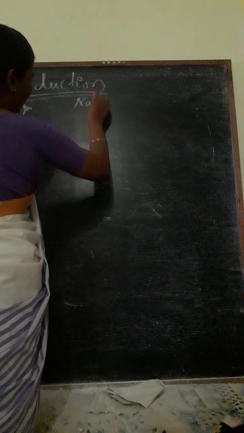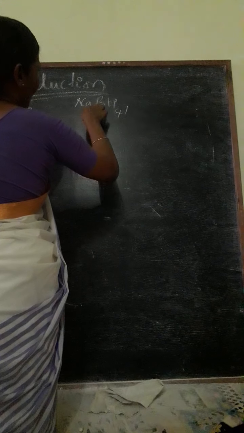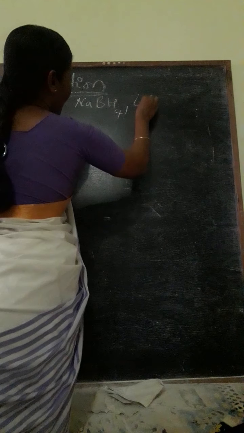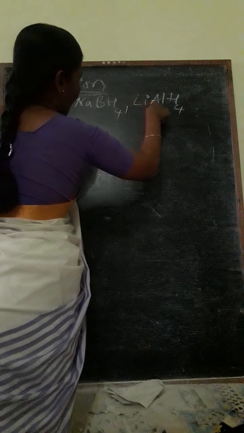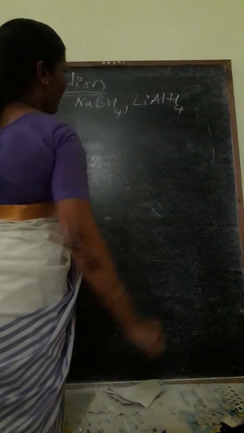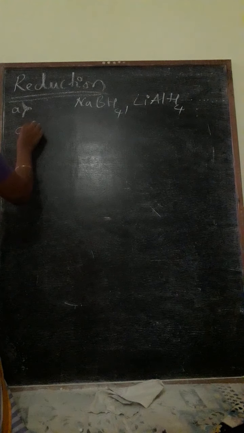Those reducing agents may be sodium borohydride, NaBH4, lithium aluminium hydride, LiAlH4. Like that, there are various reducing agents you know, and I will use some different reducing agents in this case.